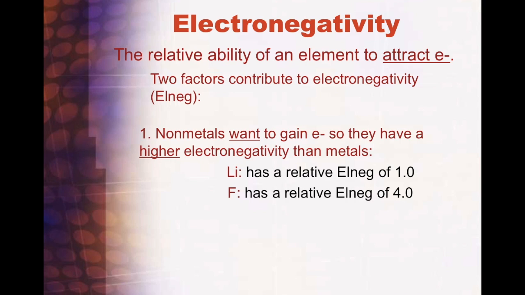So let's look again at lithium and fluorine. Electronegativity is relative, so it's like comparing one element to another. Lithium has an electronegativity of 1, and fluorine has an electronegativity of 4, so it's more electronegative.